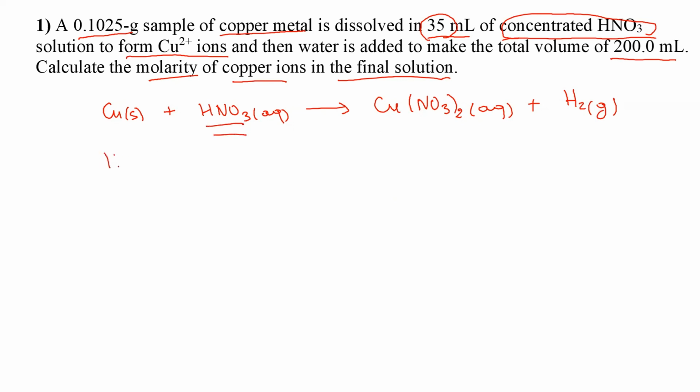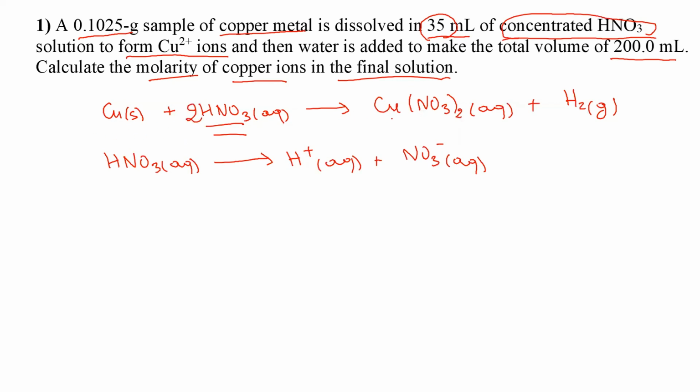So we know that HNO3 aqueous will ionize completely to give H plus aqueous and NO3 minus aqueous. Okay, so here I need to balance my equation by putting 2 here.